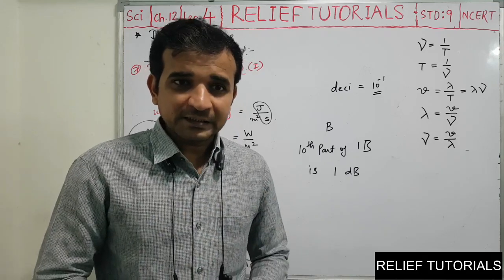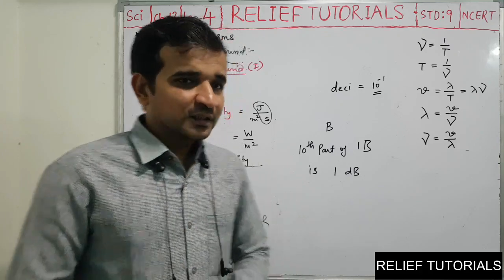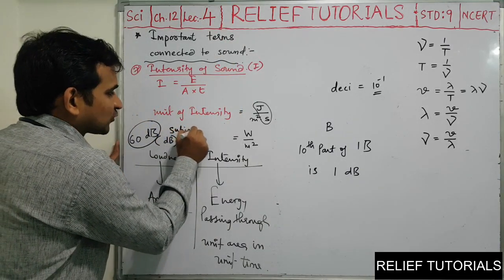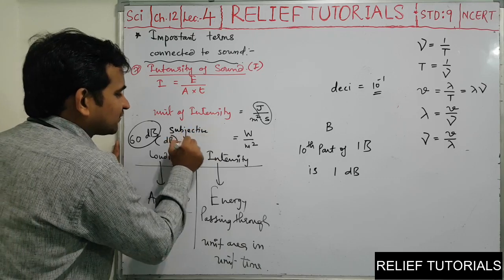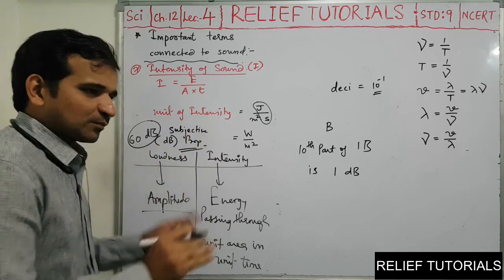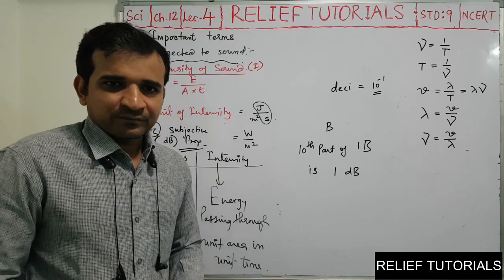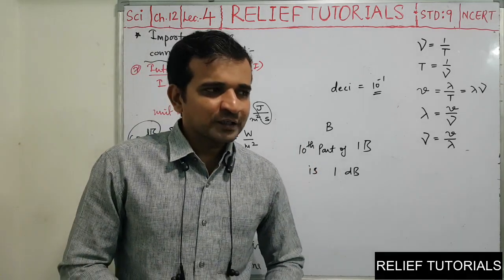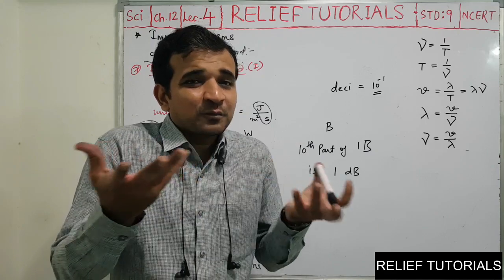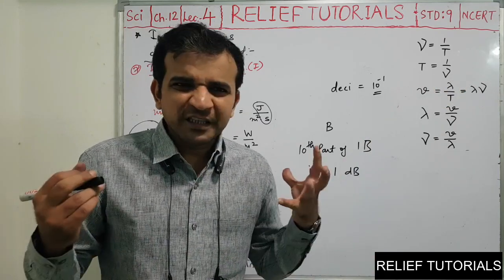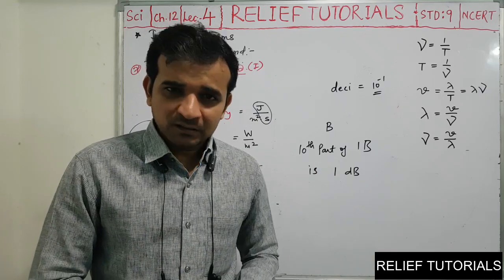Such a characteristic which depends on the person is called a subjective property. So loudness is a subjective property. Subjective property means it depends on person to person. Some particular music may be loud for me, but may not be loud for the other person. They are dancing, but I get irritated because of it.